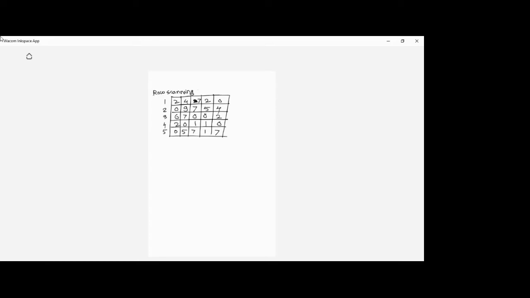Now, while doing the row scanning, consider row number 1 and ask yourself a question: does this row contain only 1 zero? If there is only 1 zero, then only we are going to proceed. If there are multiple zeros, more than 1 zero, we are going to skip that row, right?